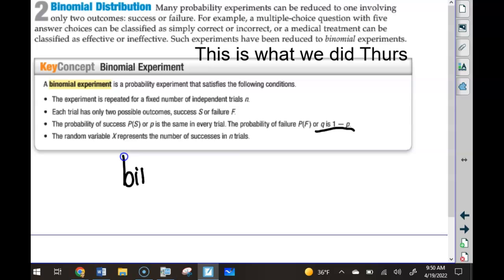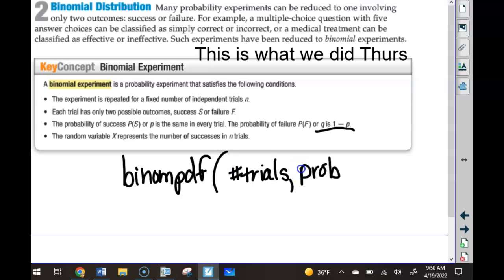So we used binom PDF, where the first number it wanted was, is it number of trials or number of successes? Can anybody pull it up? I think it's number of trials. And then probability of success. And then number of successes we wanted to have.